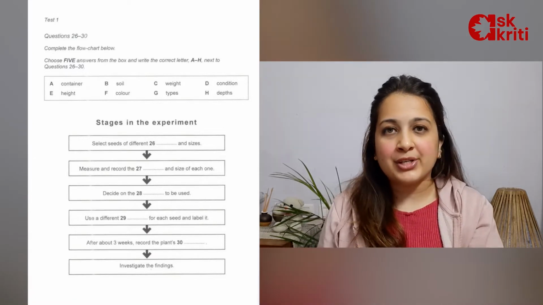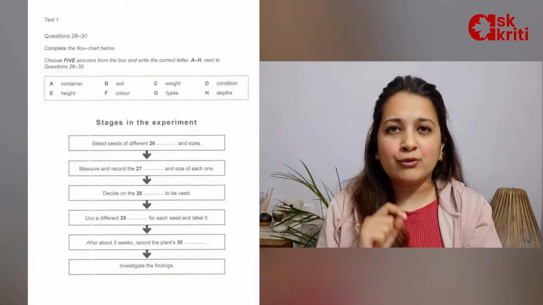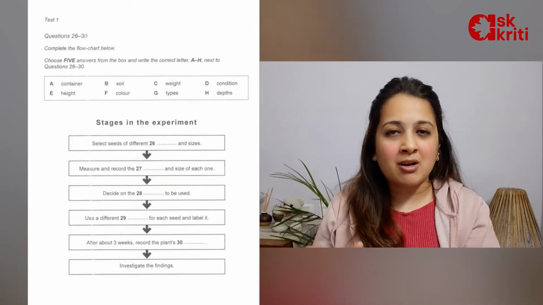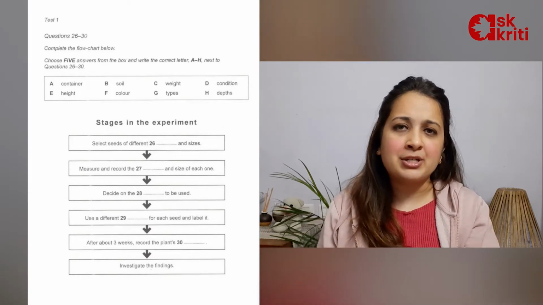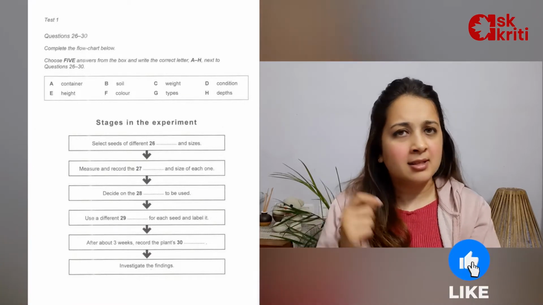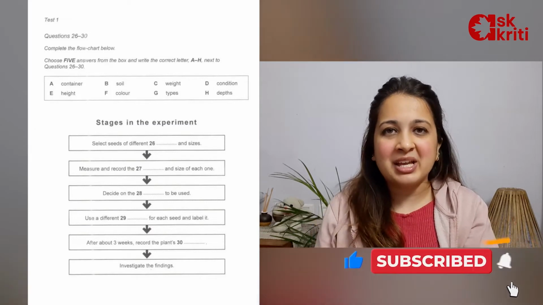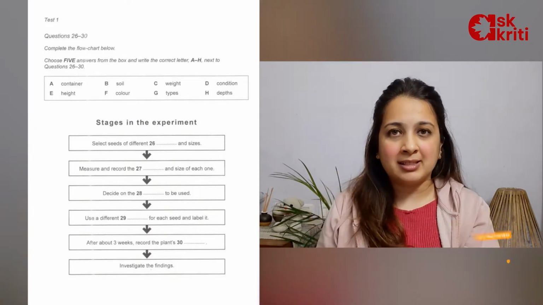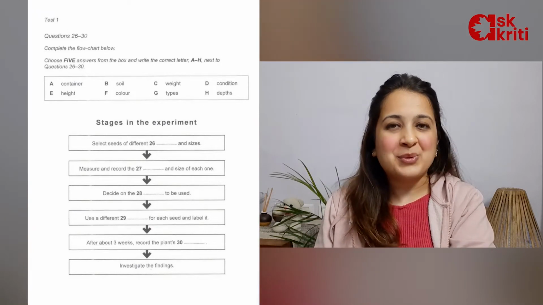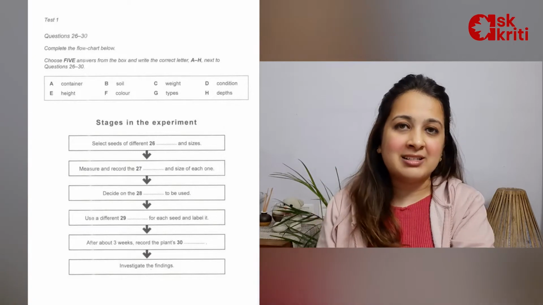Taking the first question that says dash and sizes, there are 3 to 4 words that correlate to my step 1, which could be color, height, weight, or types. So it could be color and sizes, types and sizes, it depends. But I still have shortlisted words. Coming to the second part, it says dash and size of each one. So here you can fill in height or weight. These are now 2 shortlisted words.